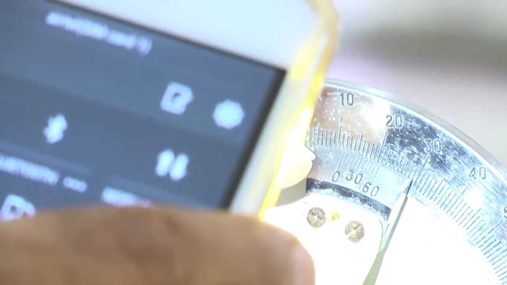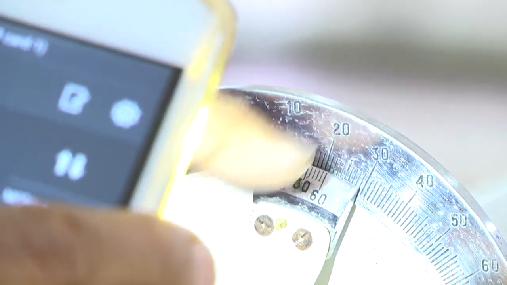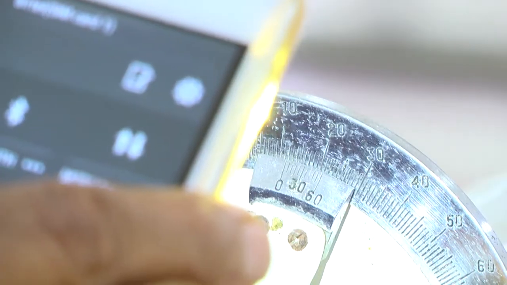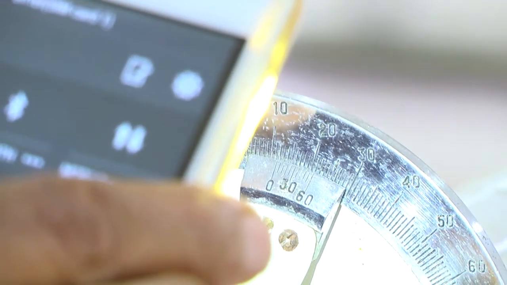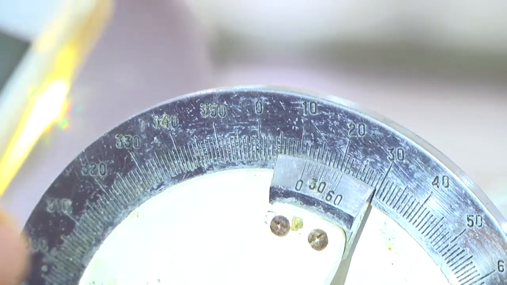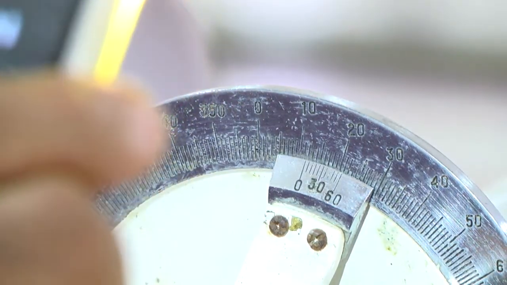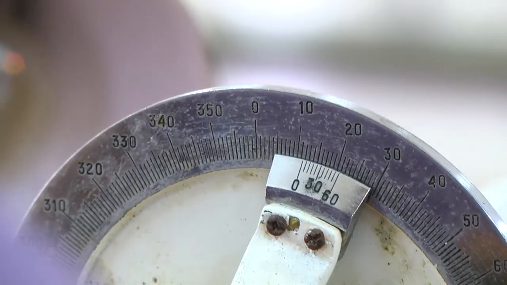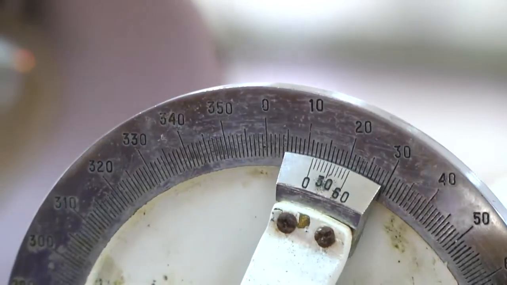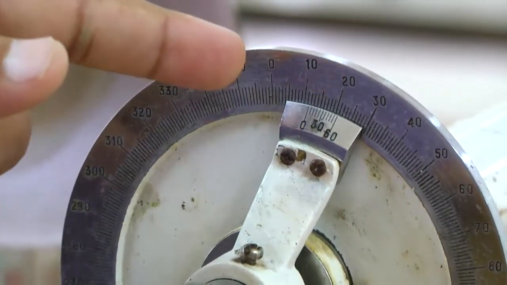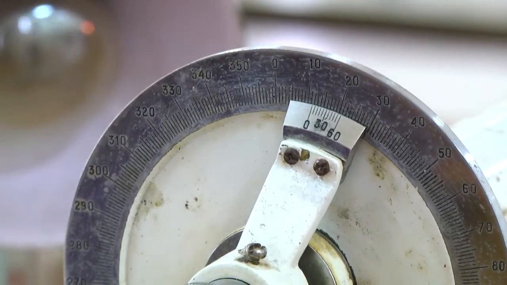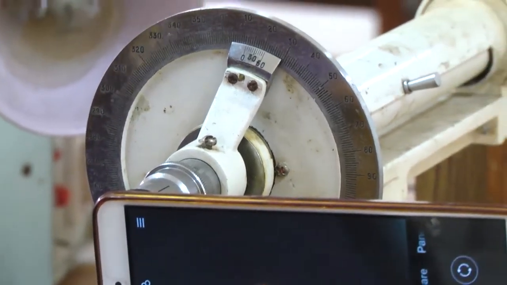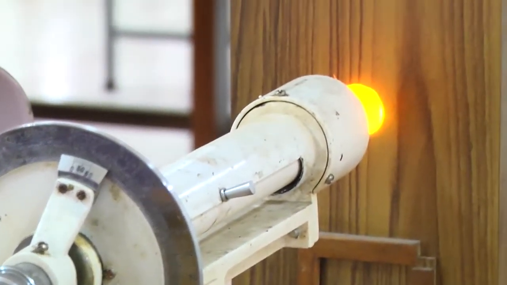It is 0 to 60, but I can see how many divisions in between. So, one has to find out the vernier constant from this. Vernier constant is 1 degree by 10, because the vernier total division is 10. So, it will be 0.1 degree.